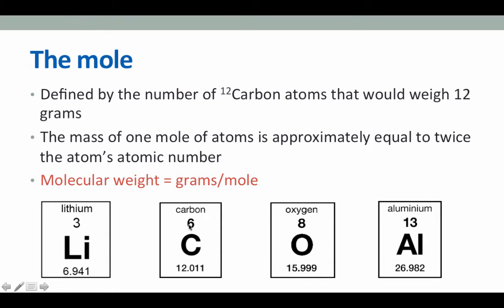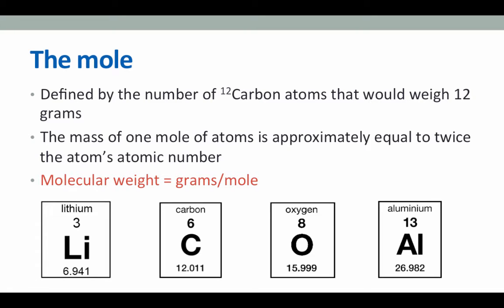Carbon was our gold standard here, so with its atomic number of 6, it would have a molecular weight of about 12. Similarly, oxygen, atomic number of 8 and molecular weight of 16. Aluminum, 13, atomic weight or molecular weight is 26.